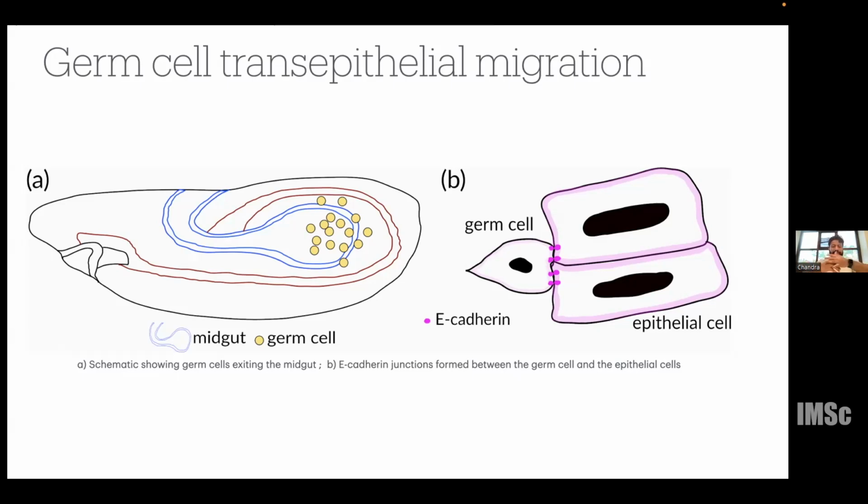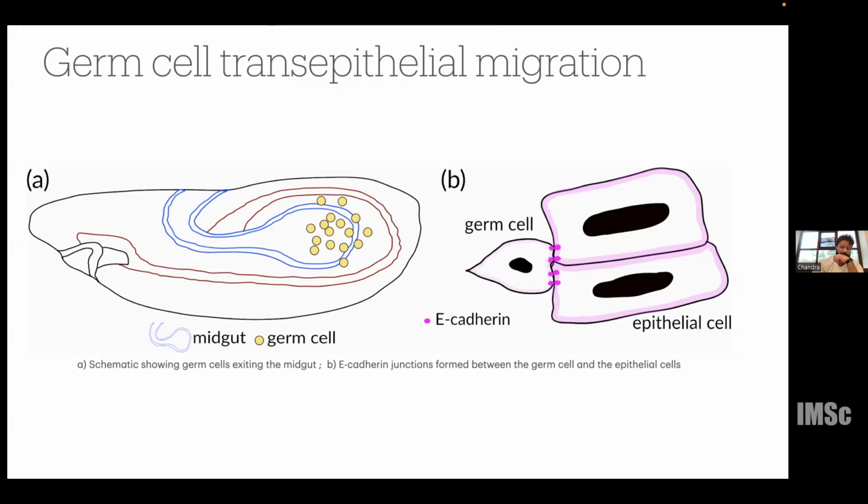The epithelial cells bind to each other through E-cadherin, and experiments also showed that germ cells have E-cadherin on their surface. Our point is that the E-cadherin on the germ cell is not incidental but functional. It makes transient connections with the epithelial cells, and that is what allows them to exit.